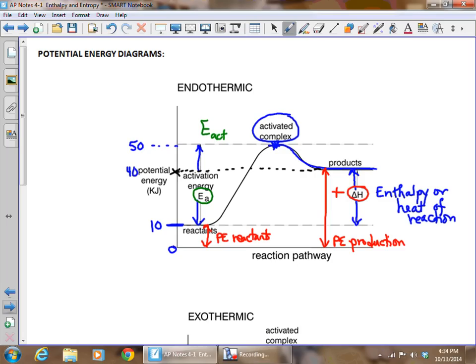If you want to look at all the way from 0 up to where the activated complex is formed, that's our potential energy of the activated complex. So these are the kinds of things it's going to be asking you about on the worksheet and things that you need to know when you're trying to interpret these diagrams. So the potential energy of the activated complex is that green line I just drew.